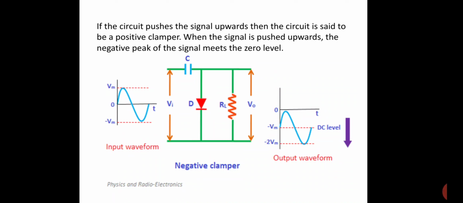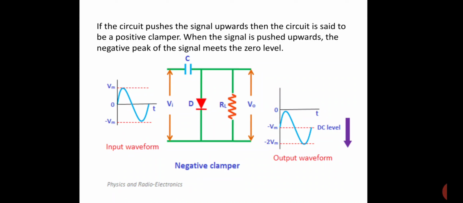Working: at first the positive cycle goes to the diode, the first part is positive, the input is positive, the diode is forward biased, and in the forward condition the load output is 0. In the positive cycle the output is 0, but the capacitor charges up to a value Vm.